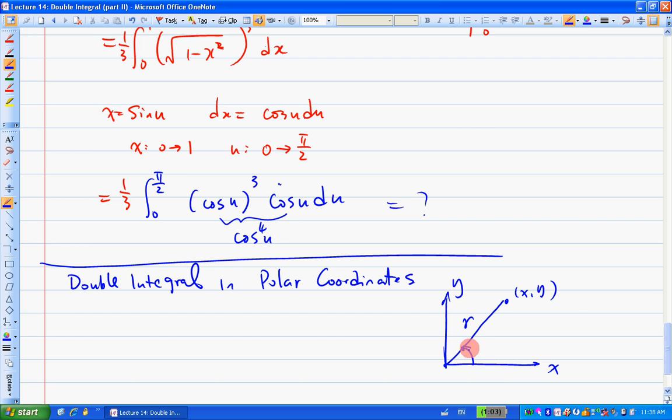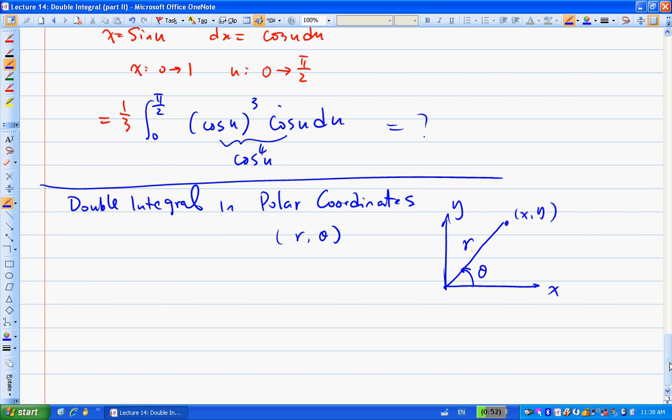The angle from the horizontal axis to where this vector, or you call it the line, whatever, is called theta. Remember theta is always defined from the horizontal axis to where it is. So polar coordinates mean r, theta here.